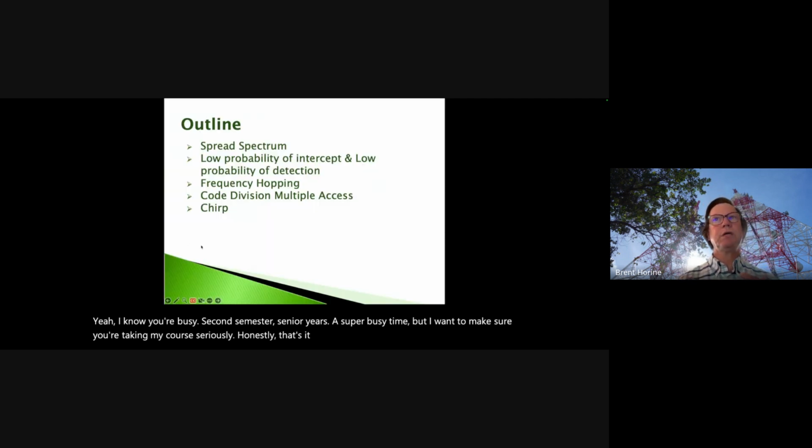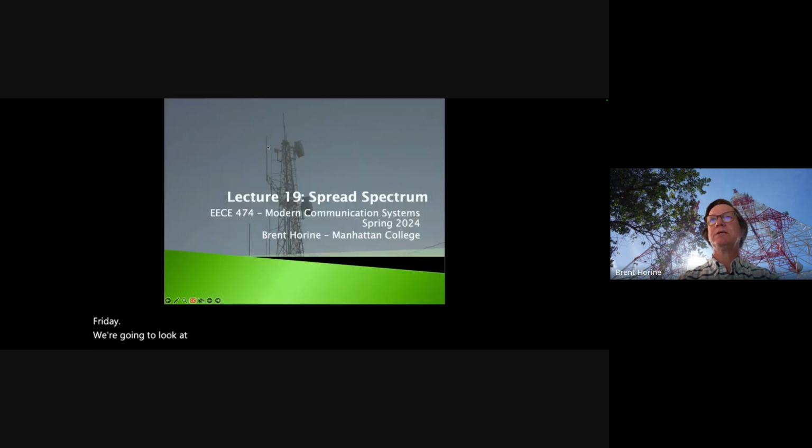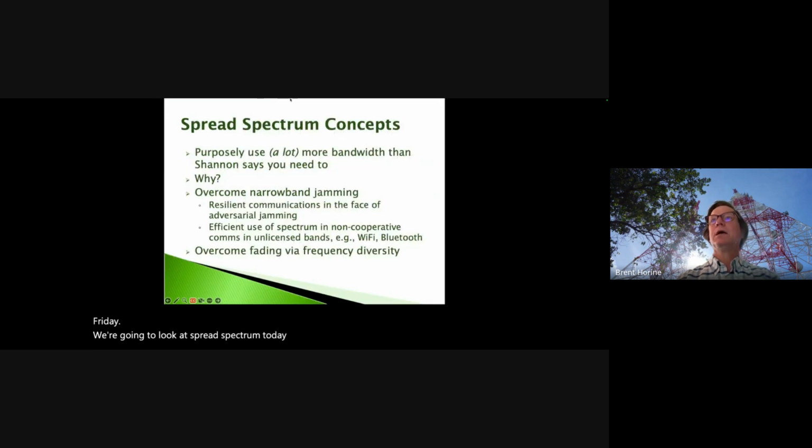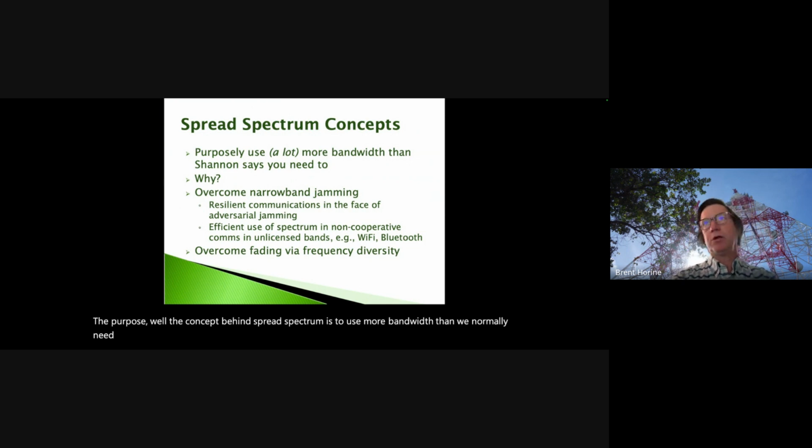So as we talked about at the very end of lecture on Friday, we're going to look at spread spectrum today. So the concept behind spread spectrum is to use more bandwidth than we normally need to, right? Claude Shannon came up with this capacity relationship that has bandwidth as a parameter in that equation.